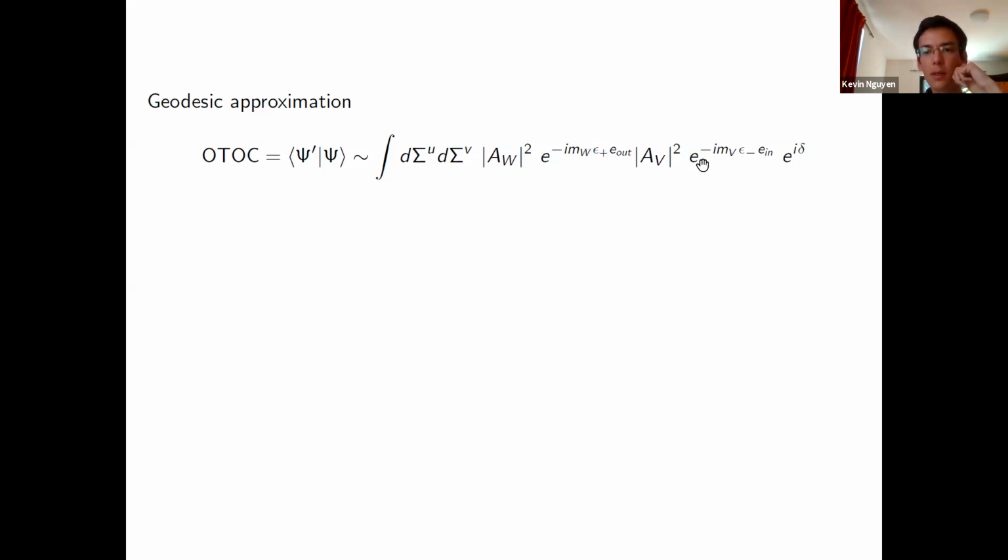And similarly, here I separated the V insertions on the boundary by some small time epsilon minus. Okay, so these phases here are basically what remains from the phase factors of all 4 boundary-bulk propagators.